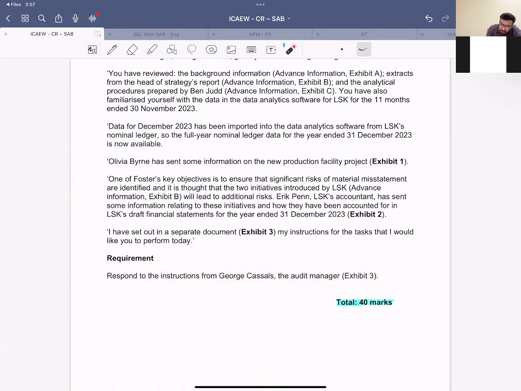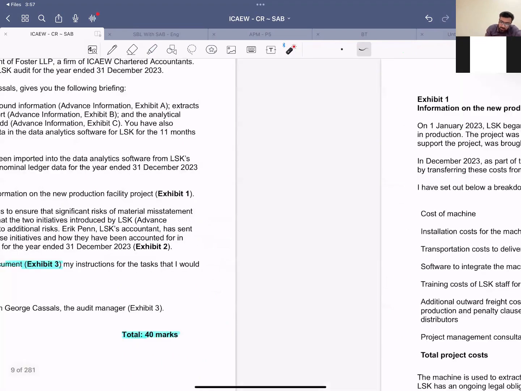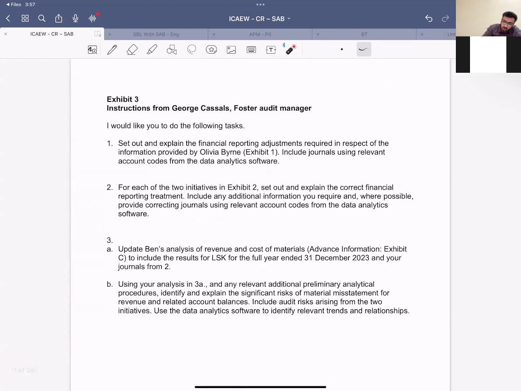So something is given regarding your requirement, but again, we'll see this exhibit. We can have a look at that. These are the requirements, but again, see, no marks. There aren't any marks, and all in all, you know that this question is for 40 marks.